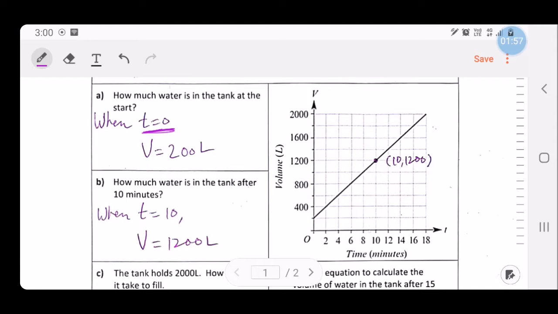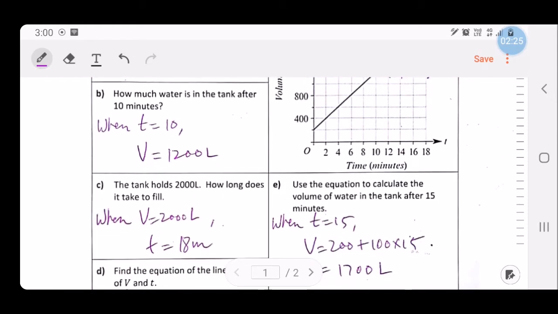And at the start means when t equals 0. And how much water is in the tank at t equals 0? Well, you can see here that the corresponding V value, the volume, is 200. So when t equals 0, V equals 200 litres. Simple.